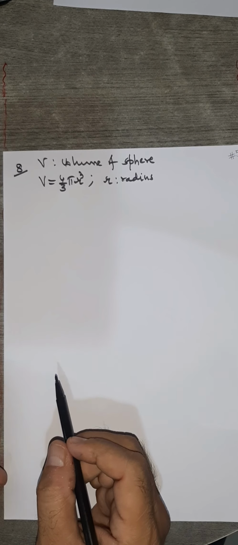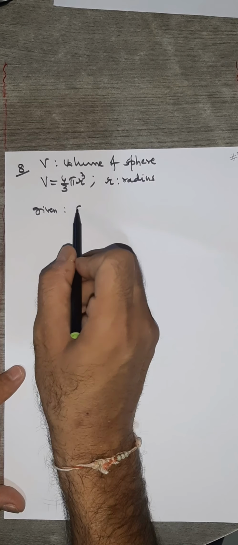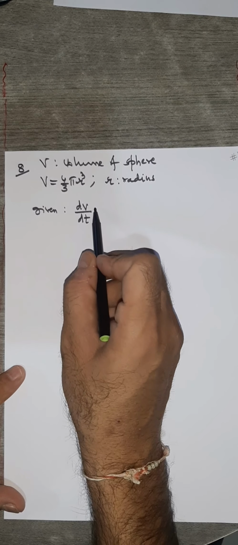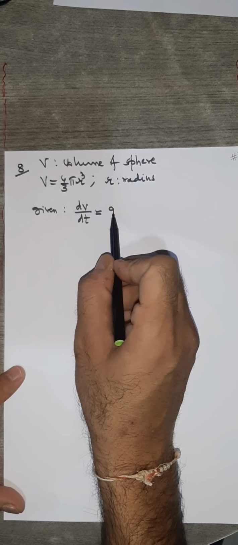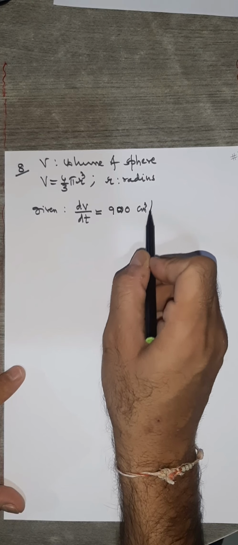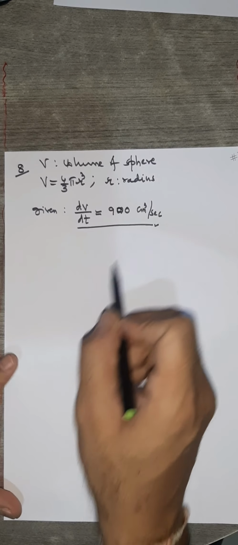So it's a change in the volume. We are given that the change in the volume with respect to time is 900 cubic centimeter per second.